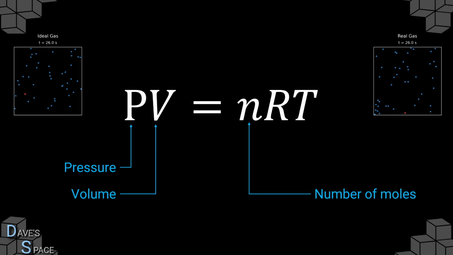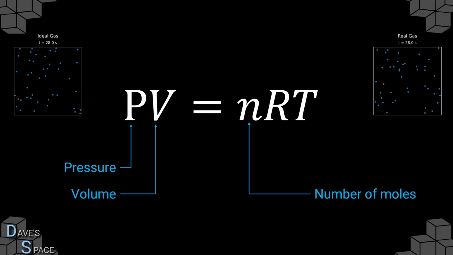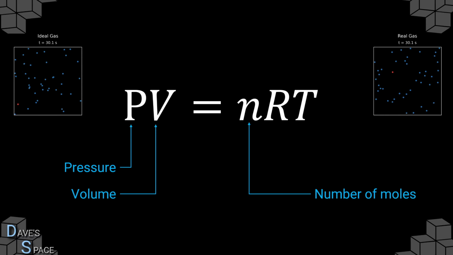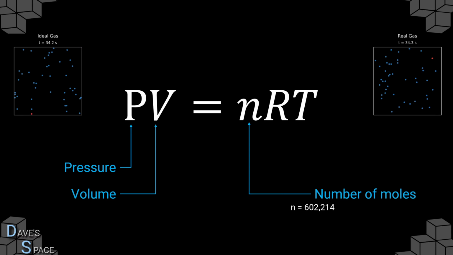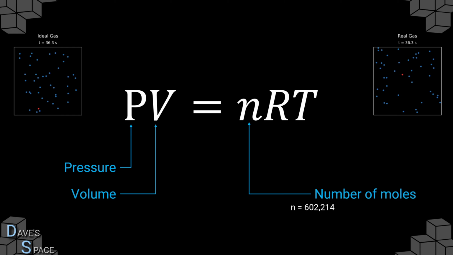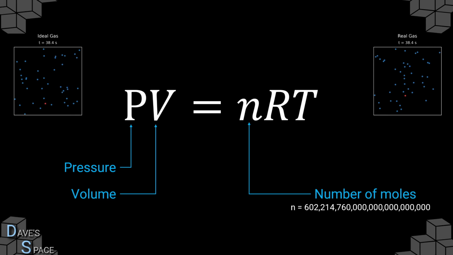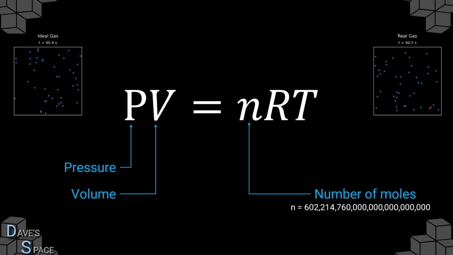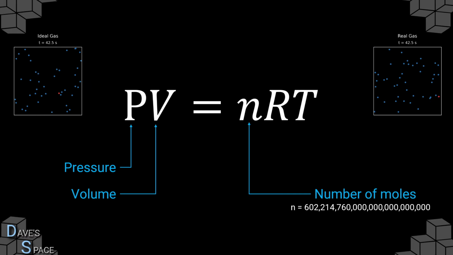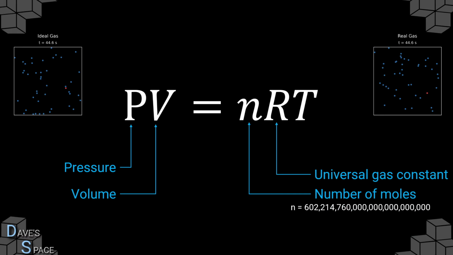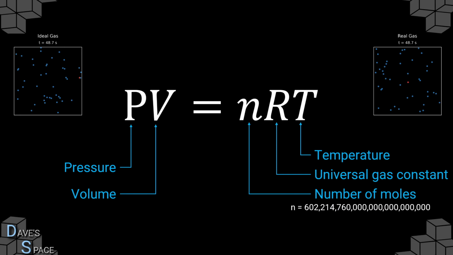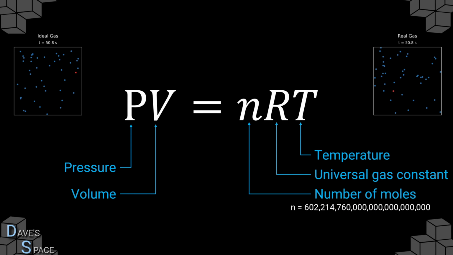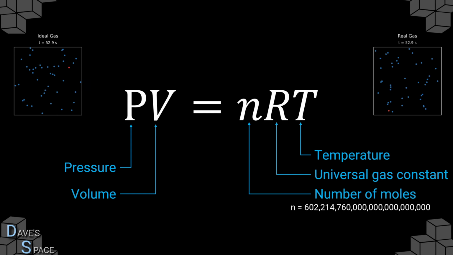N is the number of moles, which is just a fancy way of saying it is the number of molecules of particles of gas. One mole contains over 602,214 billion particles, so 1 mole is a lot of particles. R is a constant known as the universal gas constant, and T is the temperature, which is related to the average kinetic energy of all the particles.